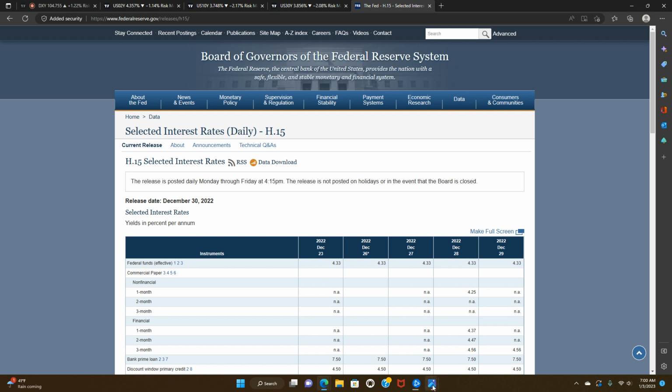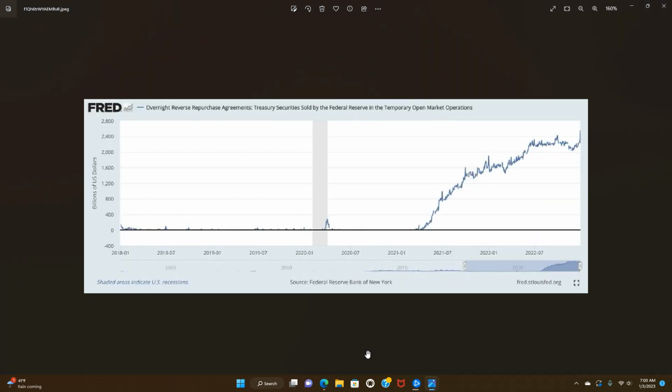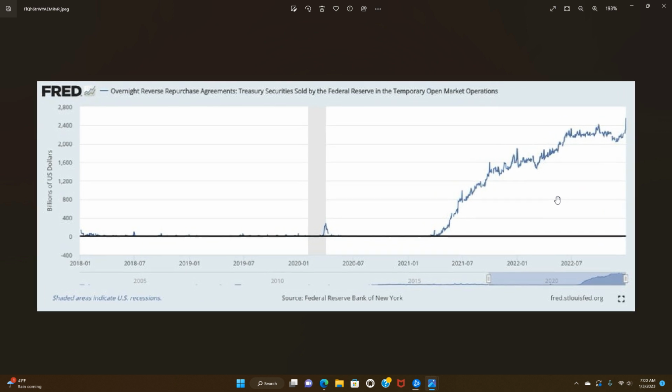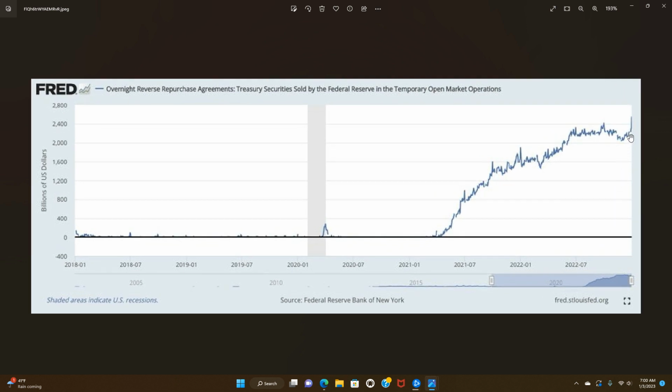Now, where that's significant is in the reverse repo market. The reverse repo market is a facility at the Federal Reserve where member banks can park capital at the Fed for zero risk and achieve a yield that is set by the federal funds rate.